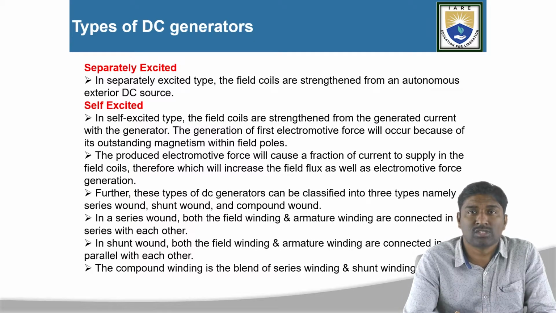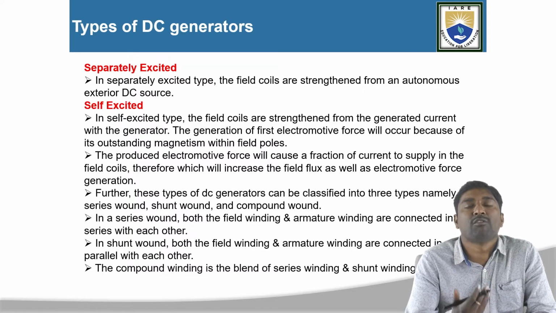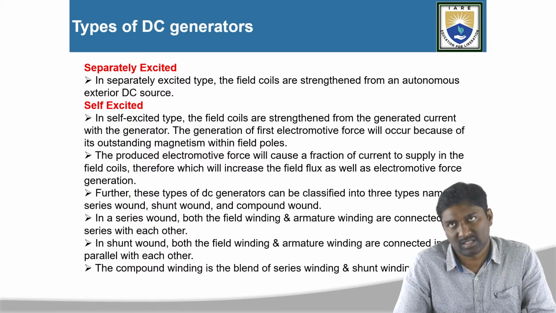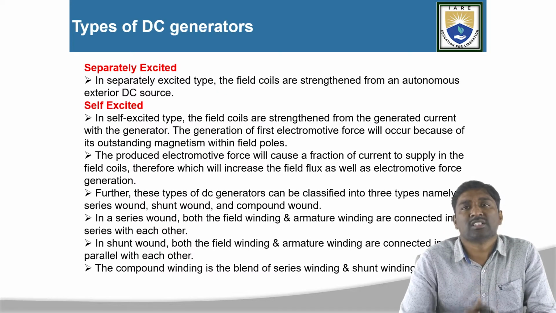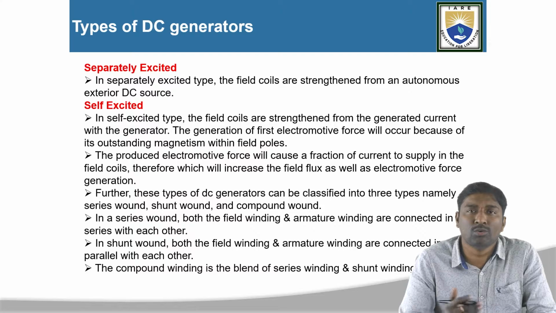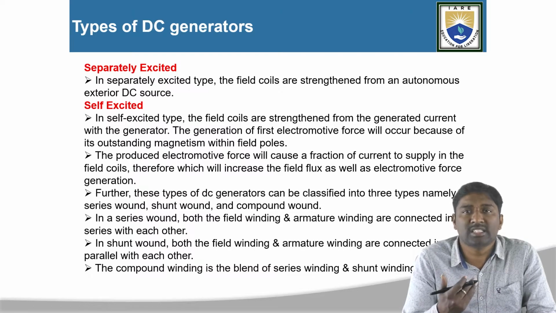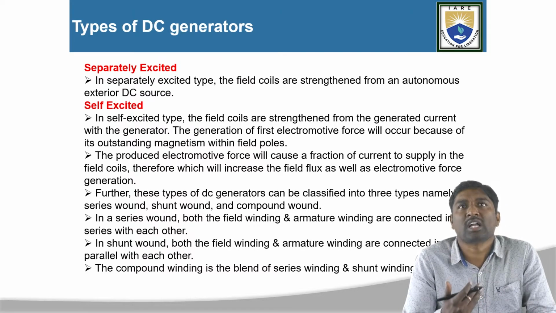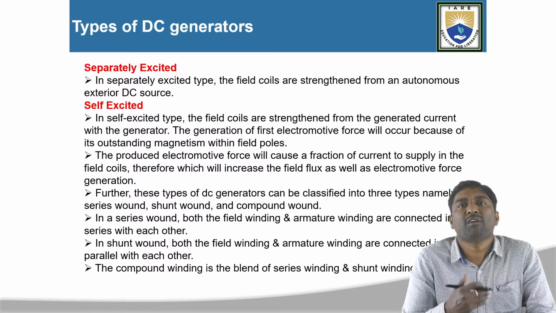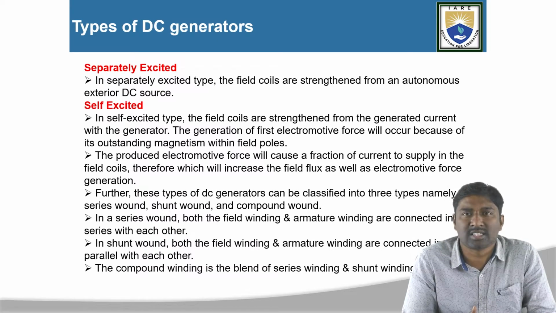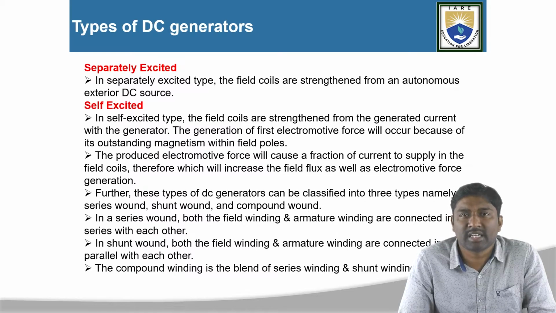To excite or strengthen the field coils of the DC generator, we need to use a separate DC source. That type of DC generator we call a separately excited DC generator.